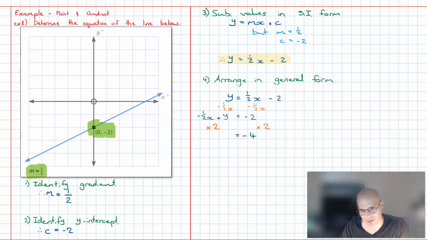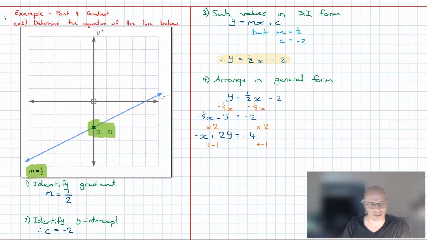minus 4 on the right, 2y there, and minus x here. So I've got minus x plus 2y equals negative 4. And I need to remember, for general form, it is highly discouraged to have a negative coefficient for the x. So I can divide both sides by negative 1, or I can times it, it doesn't matter.